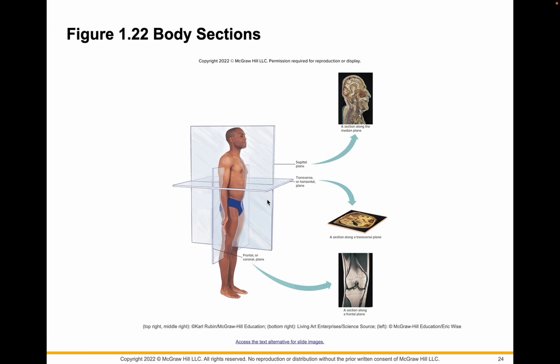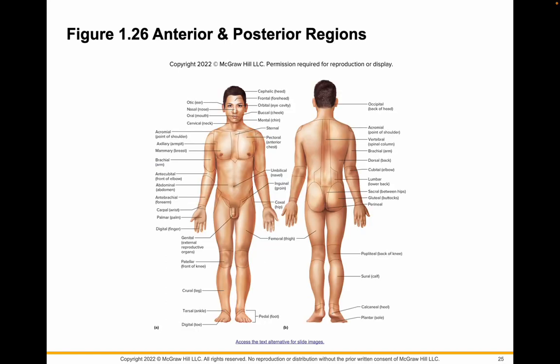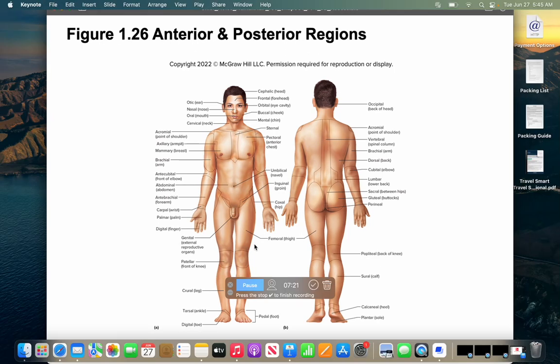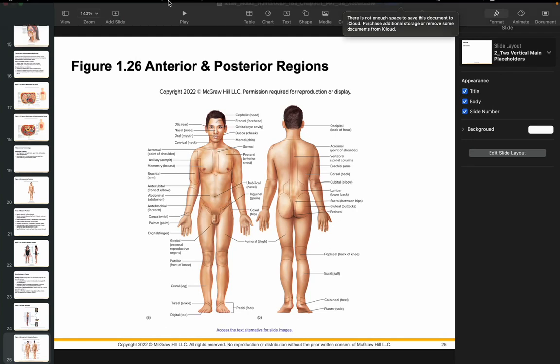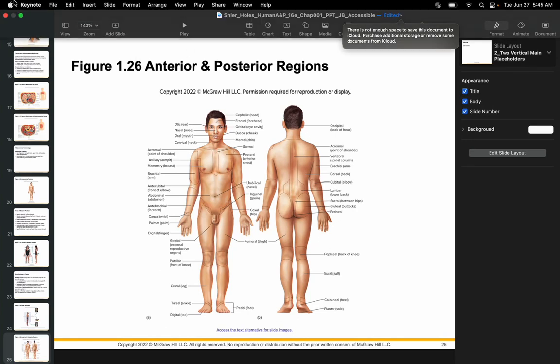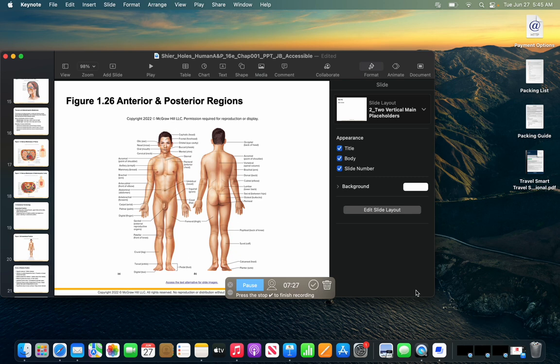So here is our transverse, here's our frontal plane, and then moving down the middle would be a mid-sagittal. And then the anterior and posterior body regions, you should expect to label some of those. And that is all from Chapter 1 for this final.